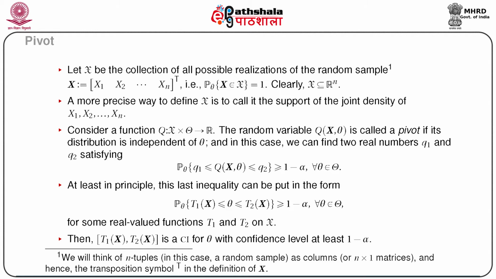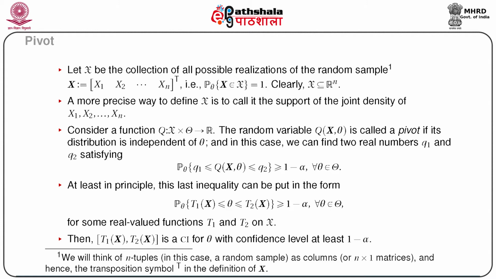Let Q(x, theta) be a real valued function of x and theta. Q is called a pivot if its distribution is completely known under theta belongs to Theta. That is, Q has a distribution that does not depend on the unknown parameter theta.